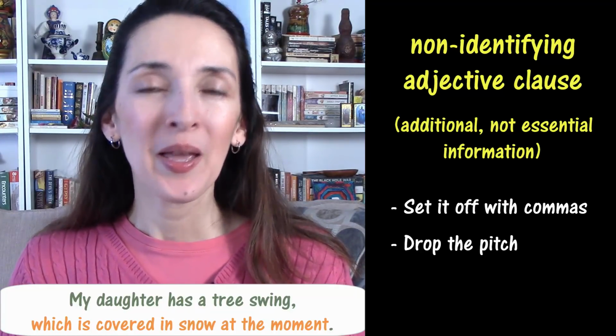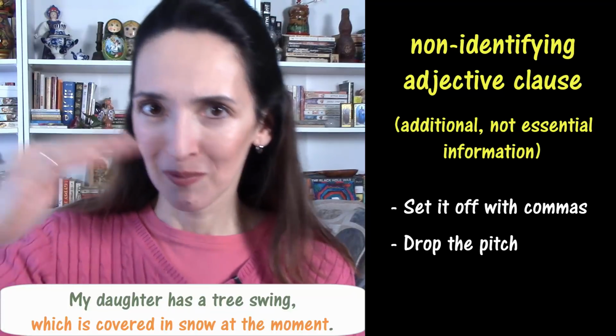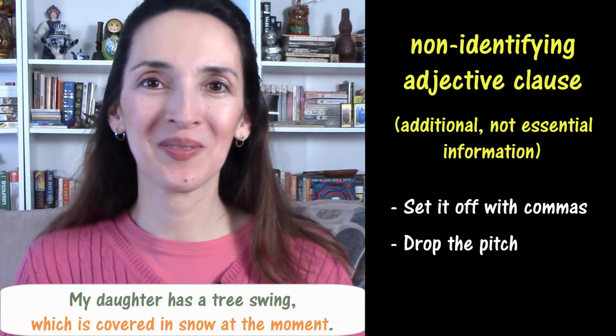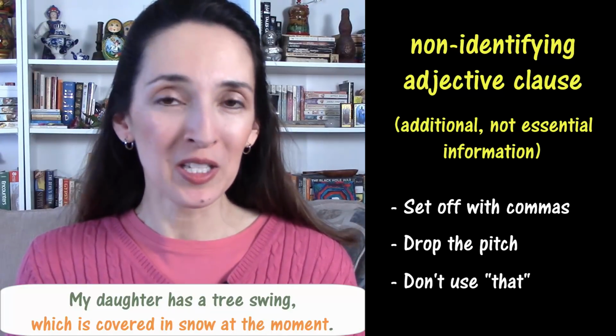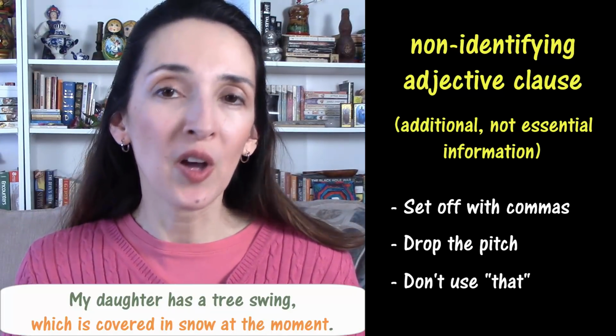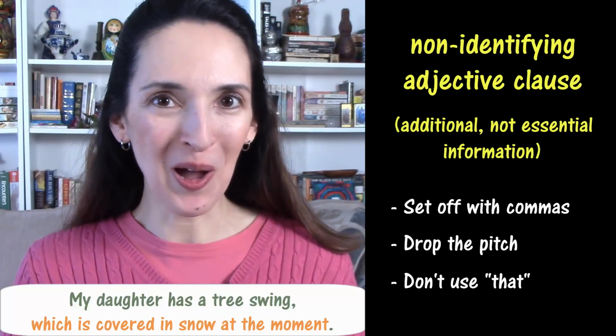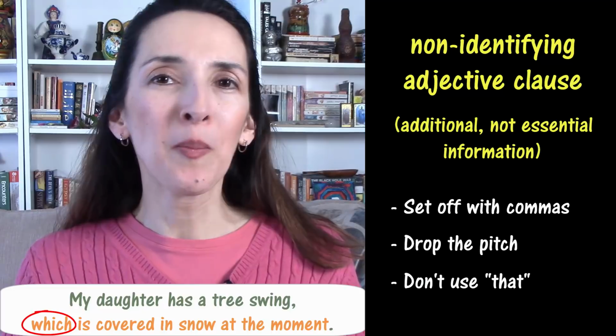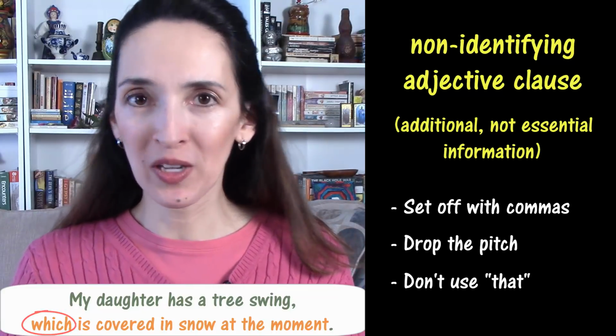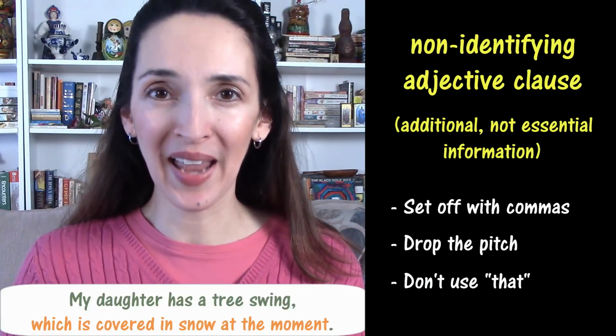Listen. My daughter has a tree swing, which is covered in snow at the moment. We can't use the relative pronoun that in a non-identifying adjective clause. So only who and which can help us add non-essential information about the head noun.